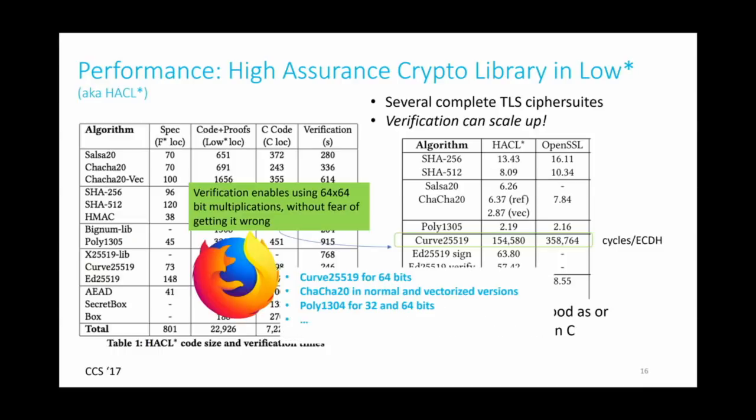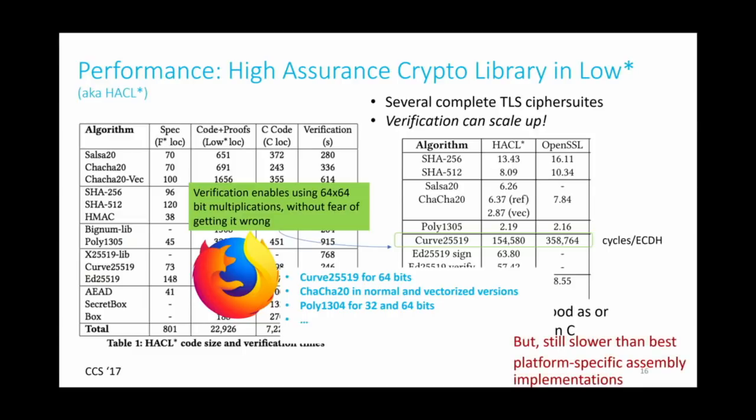It's actually code from this library, our crypto library in C, that we have deployed in Firefox. So there's the elliptic curve 25519, but also some other algorithms, Cha-Cha-20 and Poly1305, deployed from HACL* in Firefox.